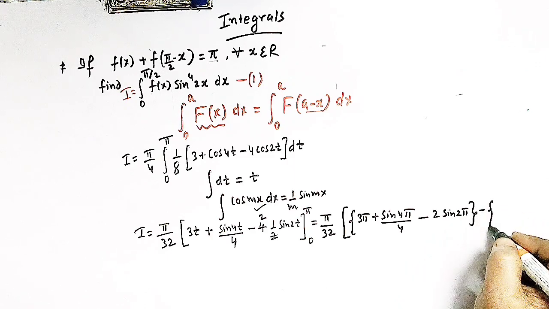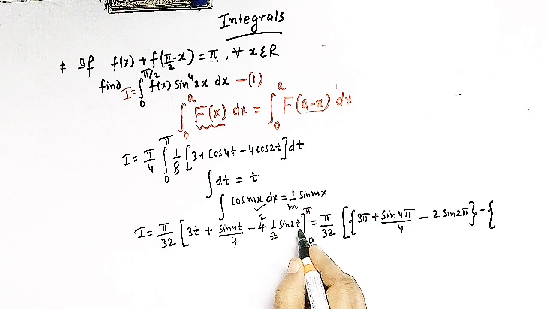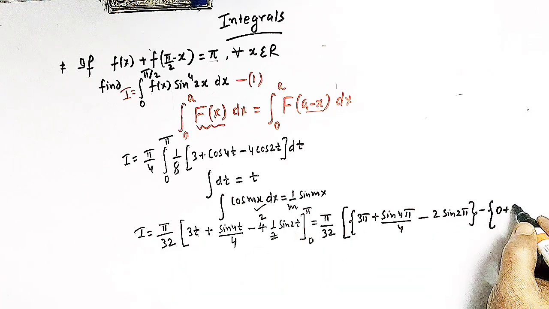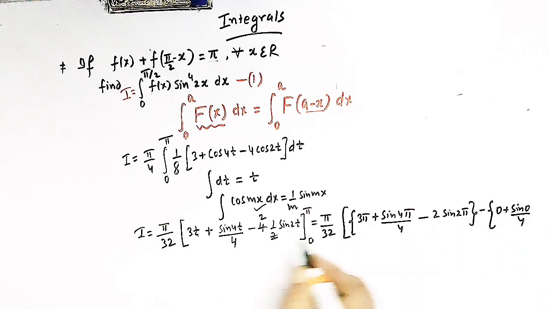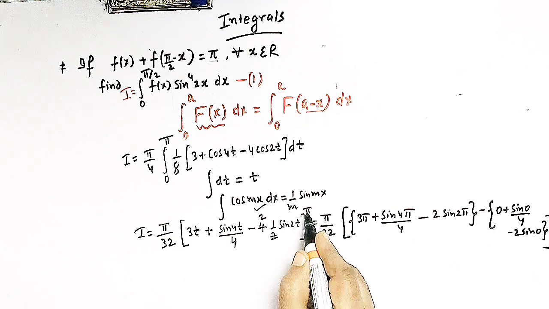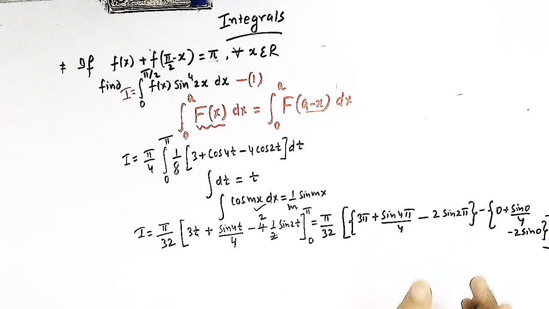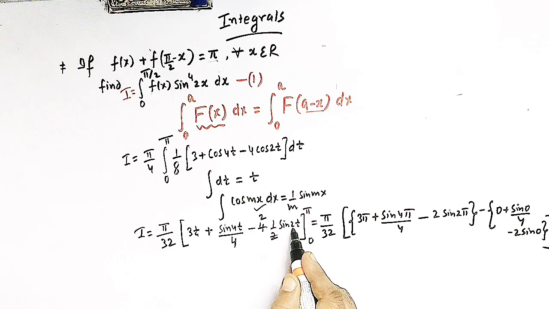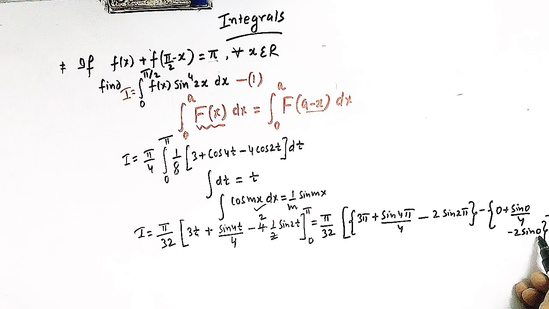Then we'll take t equal to 0 in this expression. 3 times 0 is 0, then we have sine 0 over 4, and here we have minus 2 sine 0, right? Because when we take t equal to pi, we have this expression, then here we have a negative sign, and then we take t equal to 0. This term is 0, this is sine 4 times 0, sine 0 over 4, and here we have minus 2 sine 2 times 0, which is sine 0.